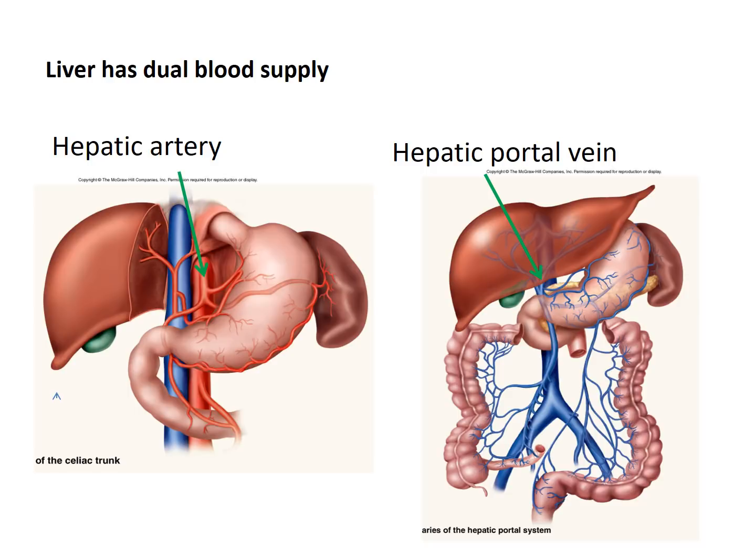So actually from the lower esophagus to the sigmoid colon, that venous drainage will go first to the liver, and then that blood will get back into the vena cava to get back to the right atrium. So dual blood supply, and you'll see the importance of that when we talk about liver pathologies.